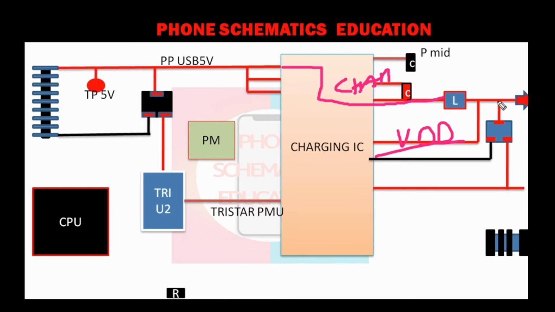Also at the same time, the charging IC controls and enables this MOSFET, and through it the charging voltage goes to the battery line. This line goes to the battery connector. I will show you, right? Like this, this line is connected to the battery connector.